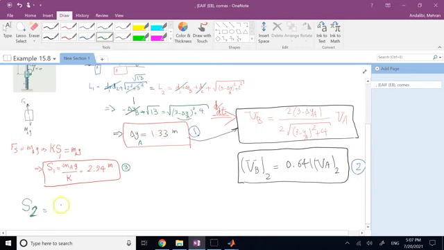It moved up. So S2 is S1 minus delta Y of A, correct? Because that amount of it is released. So if you subtract, you get 1.61 meters, correct? This is the final compression in the spring.